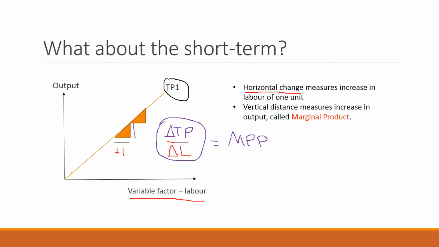Now in this case, if we then increase our labour by another unit equal to the first increase, in other words, we add 1 more chef, what happens to our output? Well, it's exactly the same in this case because we have a linear curve here. As we increase labour units by 1, in each case the output will increase by the same amount, shown here by the purple line. So what that means is that the marginal physical product is actually constant as we move up along the output curve.